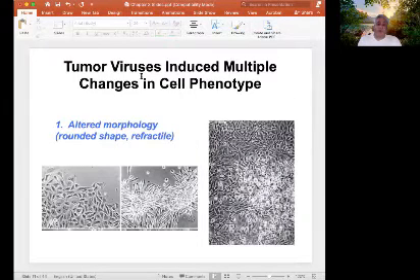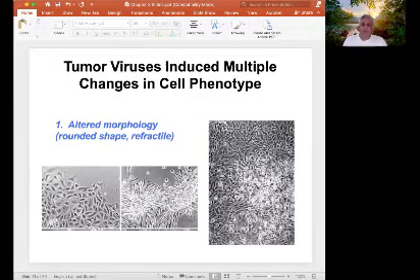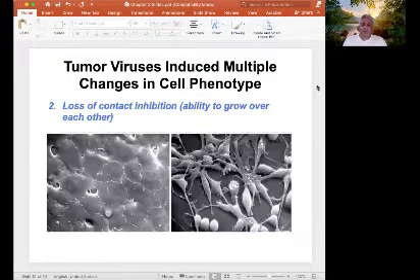Whatever the virus was doing, it resulted in not just one phenotypic change, but a number of phenotypic changes that are all characteristic of the tumorigenesis process. The next observation is that they become contact independent. So most cells in your body, once they make contact with an adjacent cell, they stop dividing.